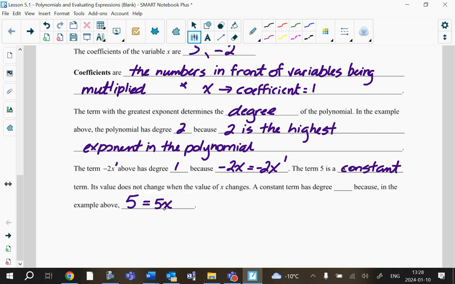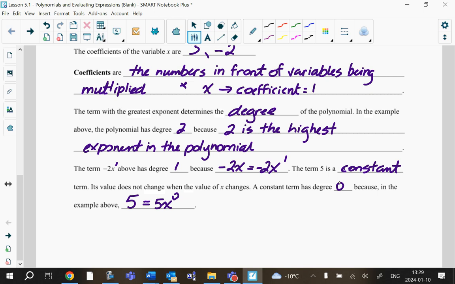Think about it. This has to be 0, because any number to the 0 power is always 1. So any constant term actually has a degree of 0, because 5 is technically the same as 5x to the 0.